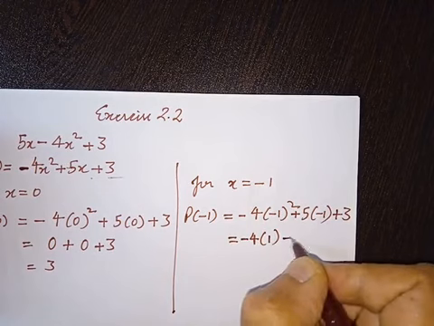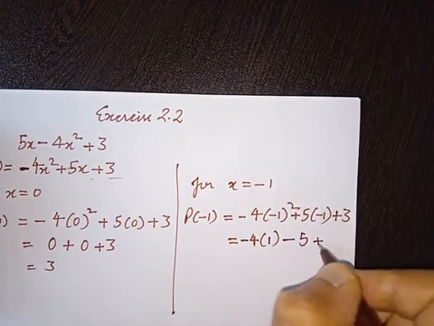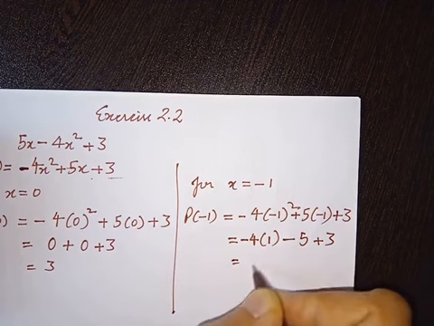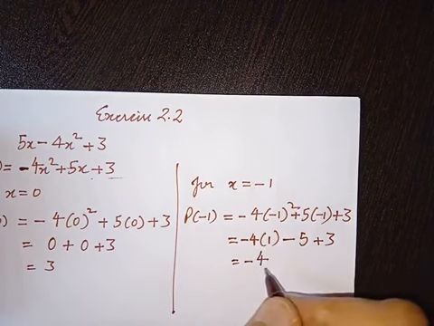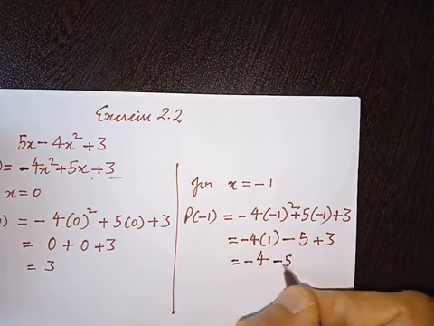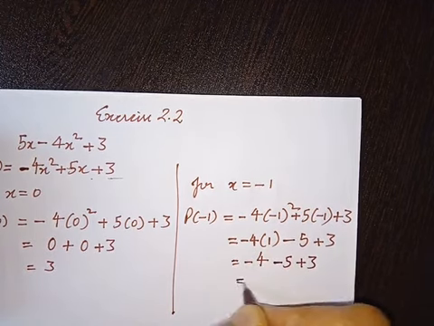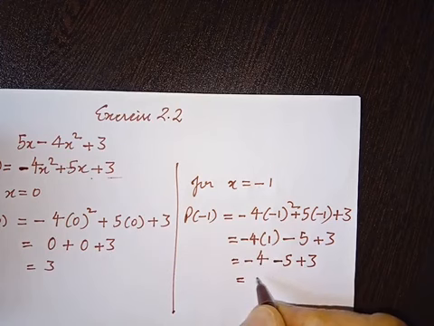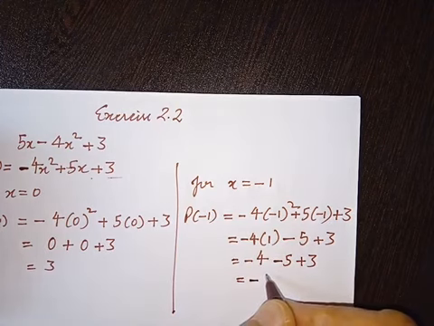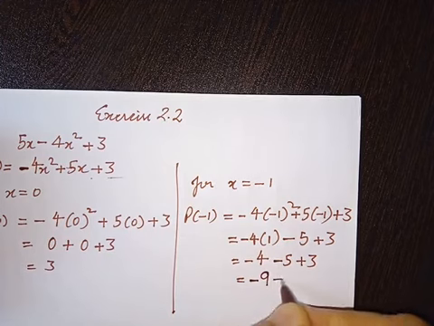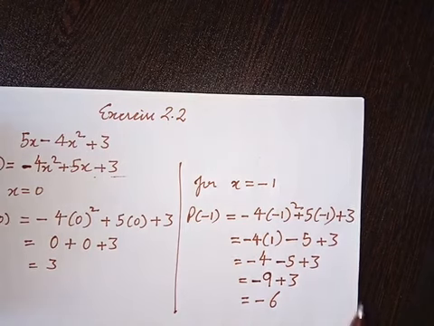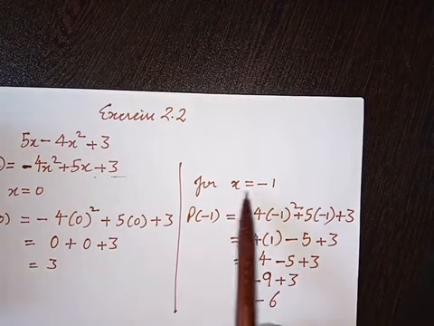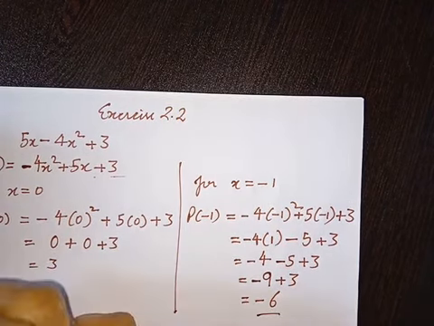Now here plus into minus, minus 5 plus 3, and further 4 into 1, 4, minus sign is there, so minus 4 minus 5 plus 3. The minus terms will get added up, and the sign they will have is minus. So minus 9 plus 3 will give minus 6. So the value of the polynomial for x equals minus 1 is minus 6.